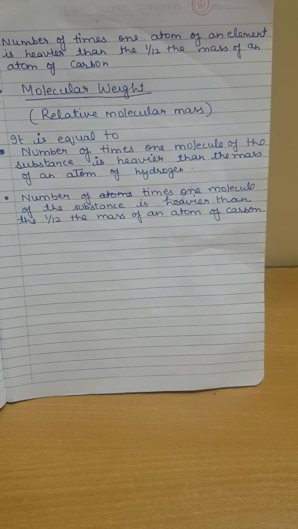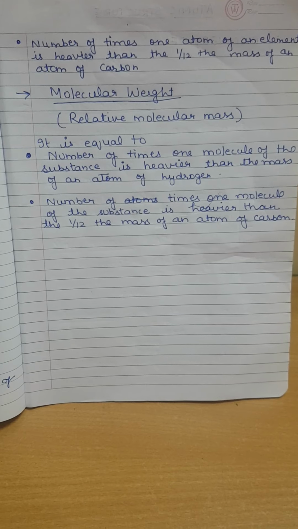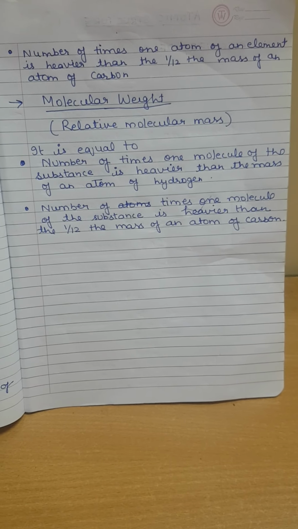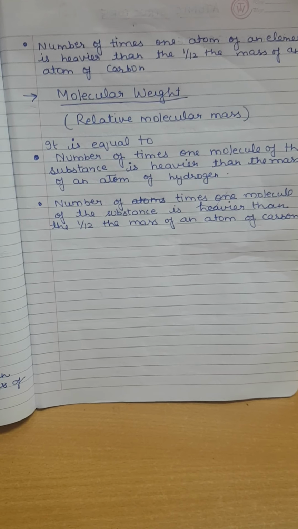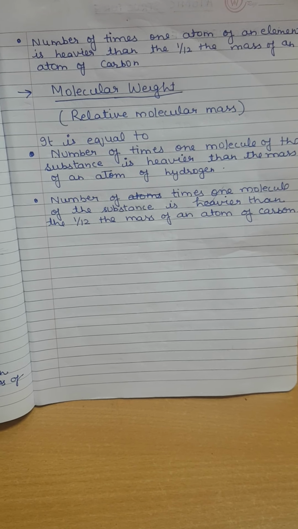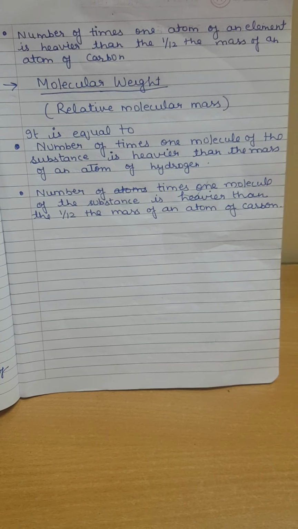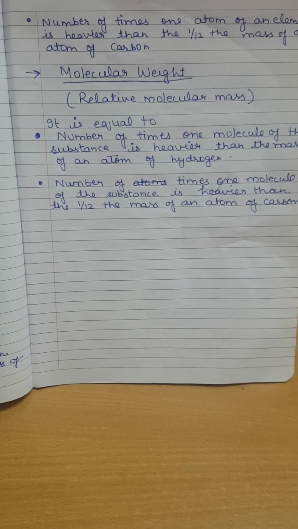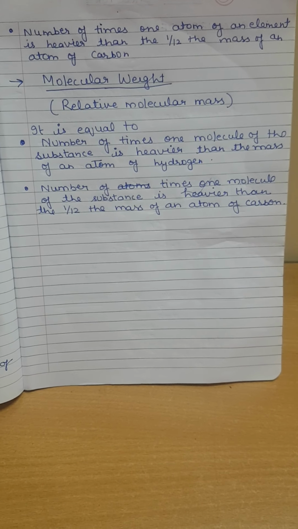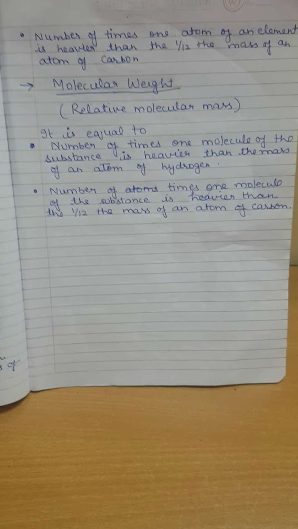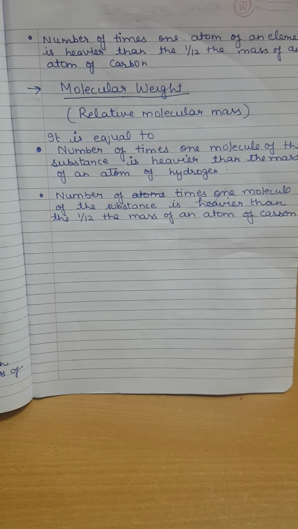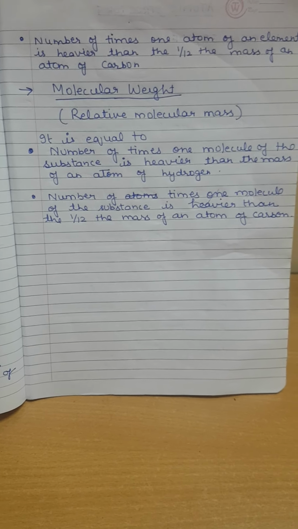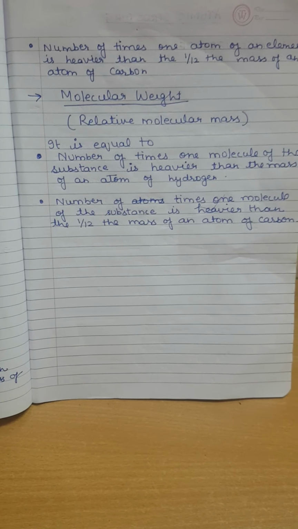It is equal to the number of times one molecule of the substance is heavier than the mass of an atom of hydrogen, or if you compare with carbon, the number of times one molecule of the substance is heavier than 1 by 12 the mass of an atom of carbon. So this is very important, the definition of relative atomic mass and the definition of relative molecular mass.